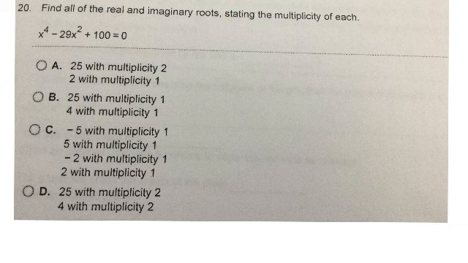Find all the real and imaginary roots stating the multiplicity of each. So I've got x to the fourth minus 29x squared plus 100 equals 0. So you've got a couple ways you could work this. Because it's an x to the fourth, you could use synthetic division to test some possible roots and see which ones work.